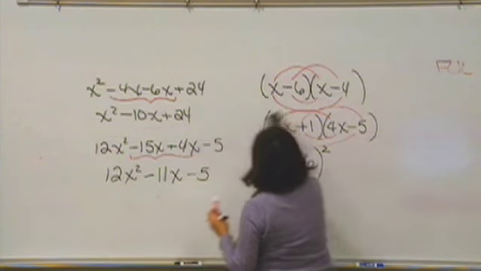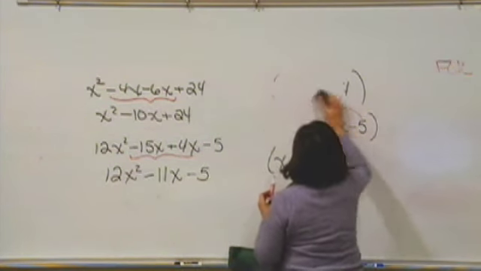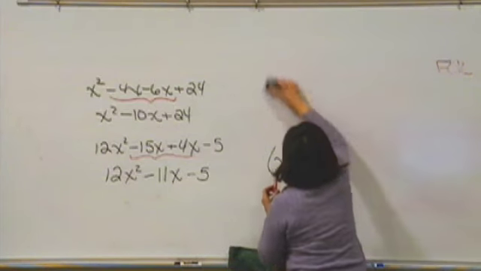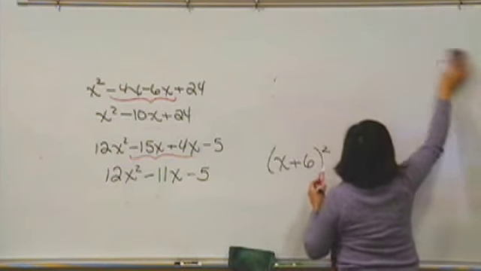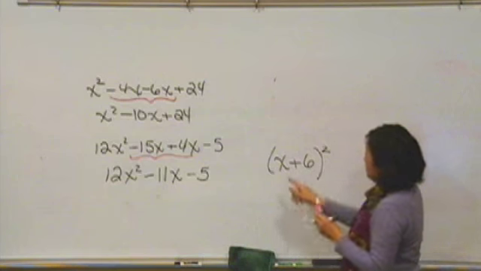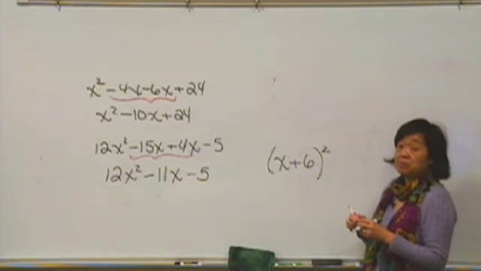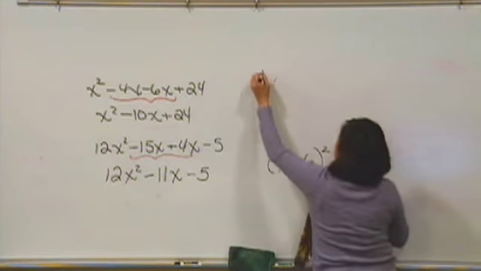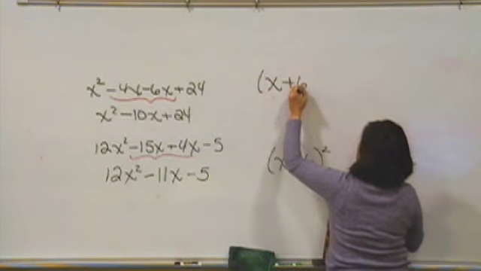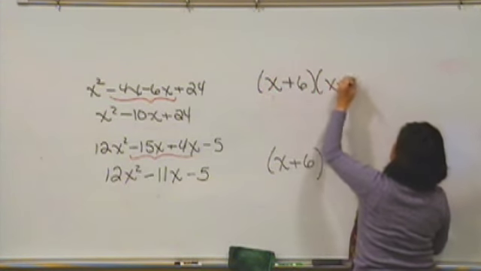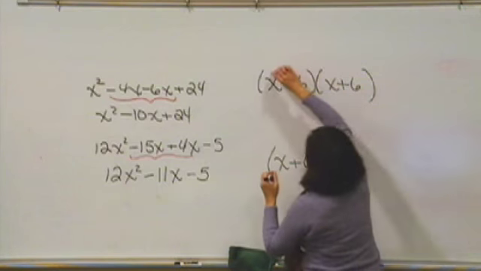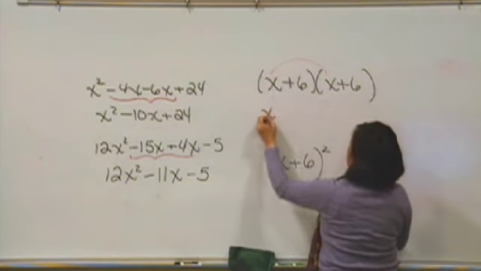And finally, let's take a look at this last one here. It was x plus 6 to the second power. Remember, it'll be tempting just to square each of these, but that'll be wrong every time. If we were to take a moment to write it out, x plus 6 times x plus 6, and start with x times x, that'll be x squared.